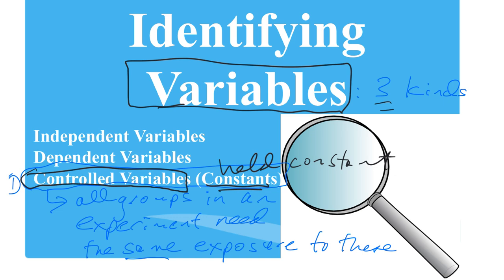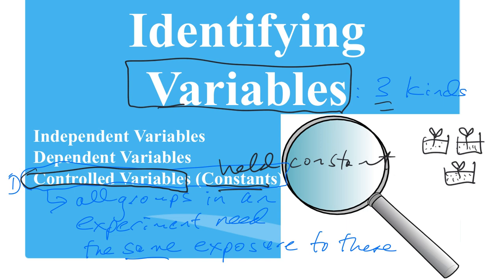All groups, okay, when you're doing an experiment, like for the plants that you're testing, Sprite, Coke, or Dr. Pepper, the controlled variable will be you have to have the same plants. You have to have the same soil, maybe even the same pots.